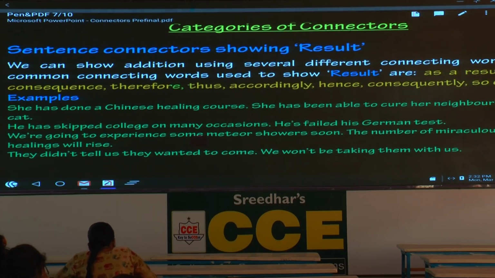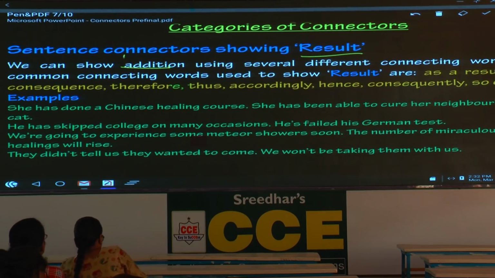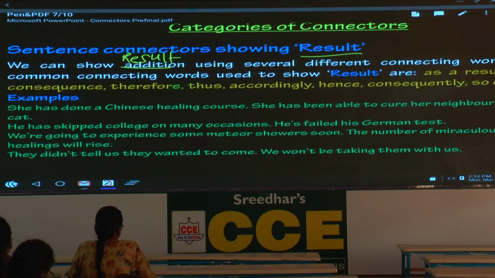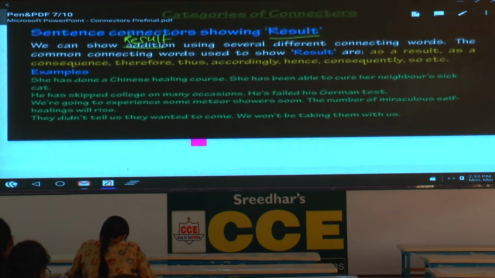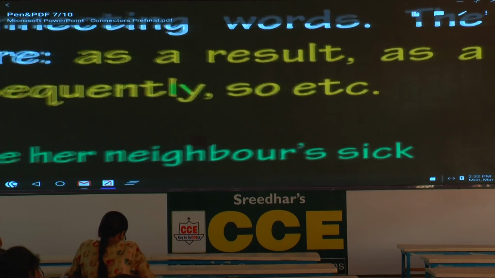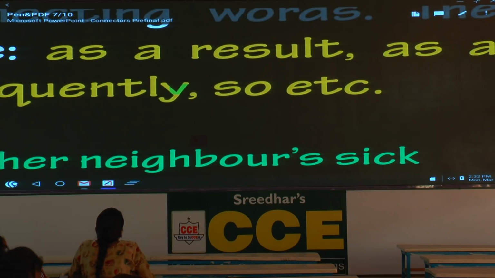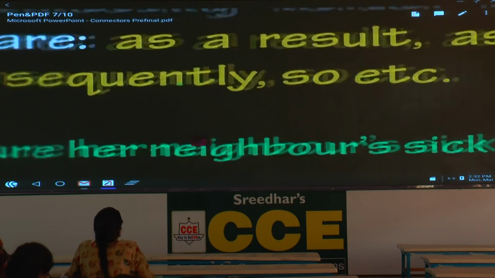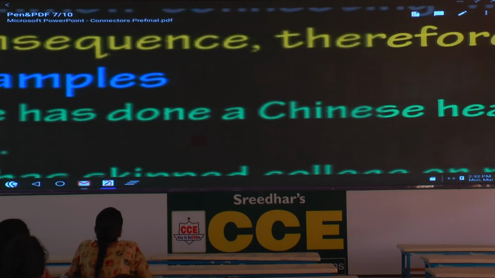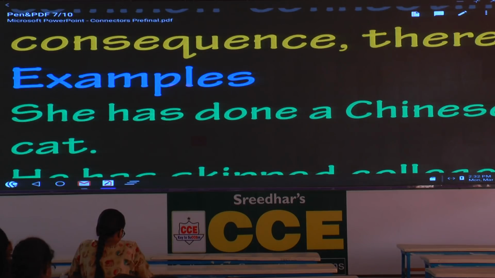So what is the next one? Sentence connectors showing a result. Please underline the word result. The common connecting words used to show result are as a result, first one. As a consequence, second one.